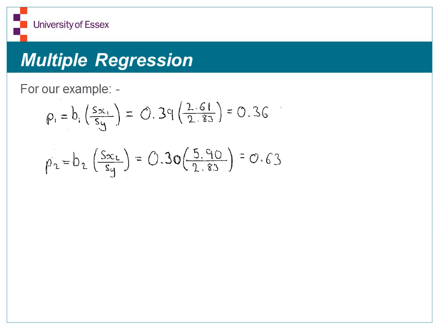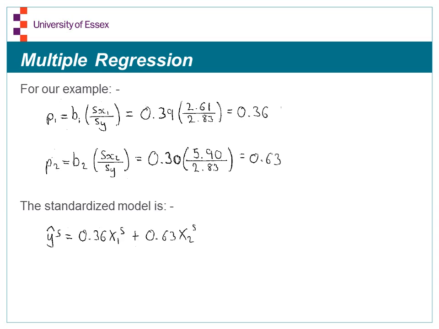So we can calculate the path coefficients in quite a straightforward way. We had all the information that we needed to do it, so that was nice and straightforward, and we can then look at a standardized model, and we can say that y is 0.36 times x1 standardized plus 0.63 times x2 standardized.